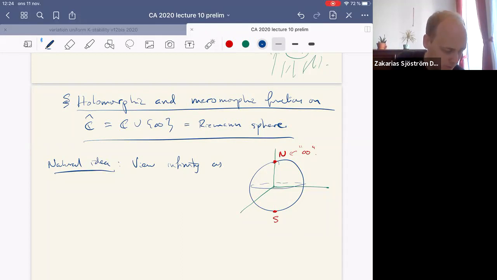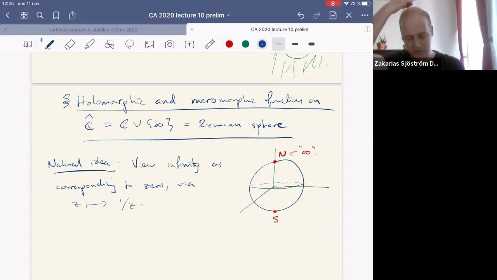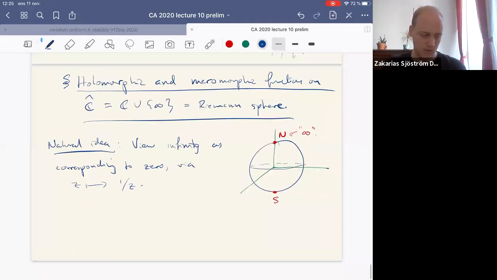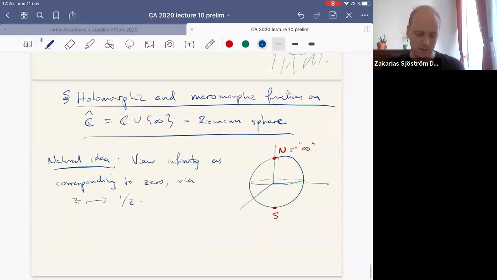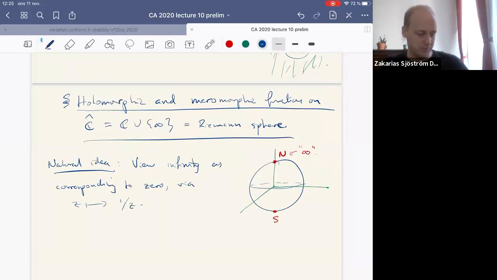So the idea is to view infinity as corresponding to 0 via this mapping z goes to 1 over z. Okay, so how can we view this?